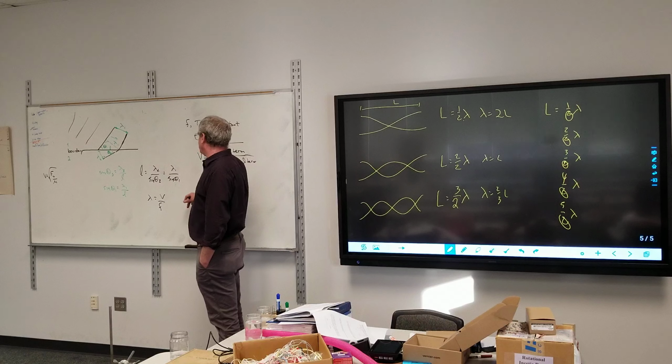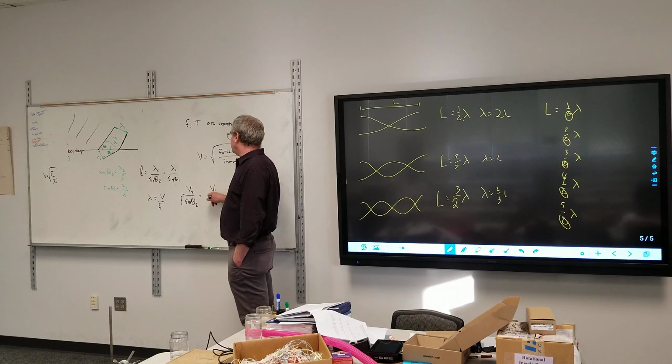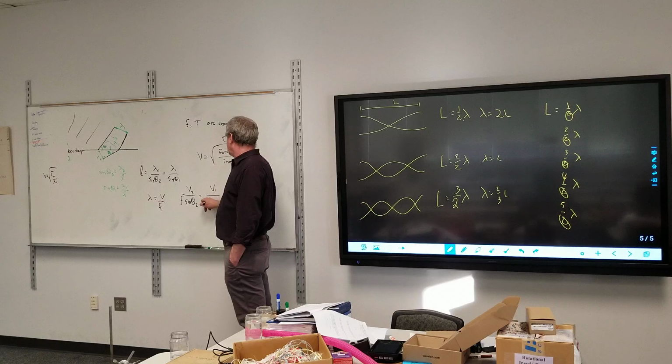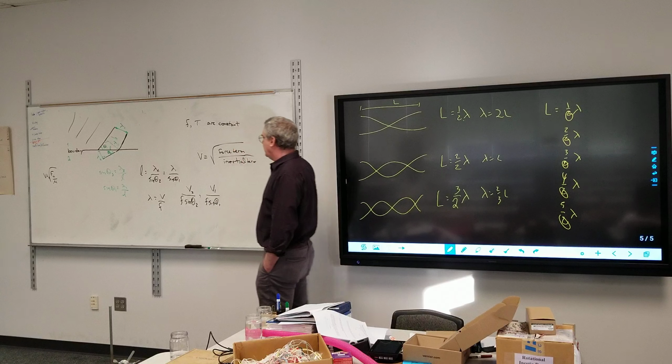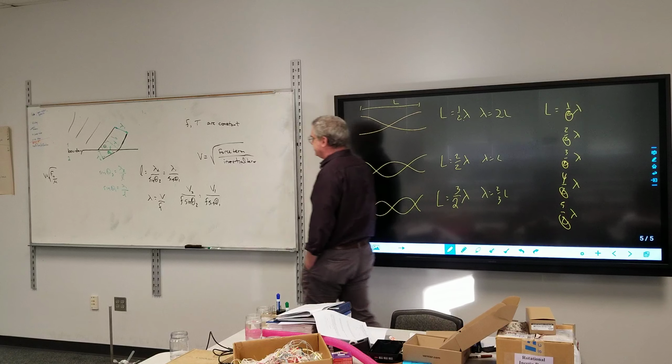So if we make that substitution, I have the speed of 2 over the frequency times sine theta 2 is equal to the speed within section 1 over the frequency times sine theta 1. I didn't put a subscript next to the frequency because the frequency is the same in both situations. It cancels out.